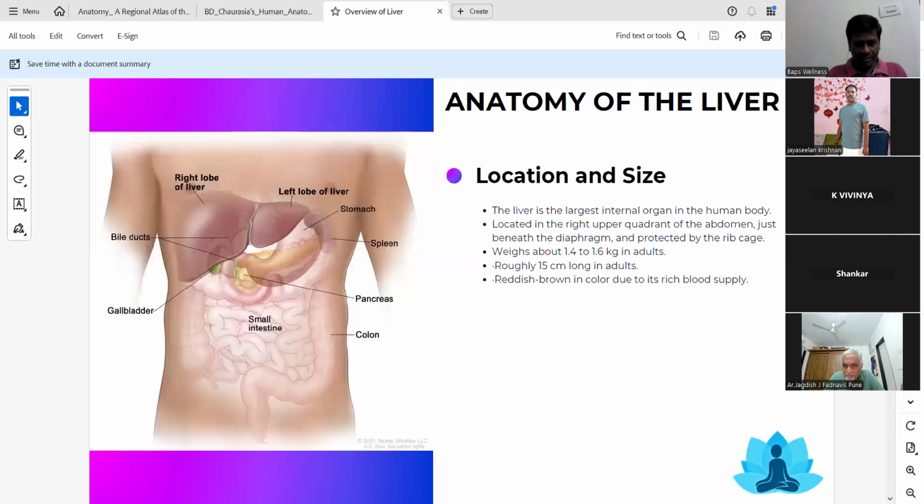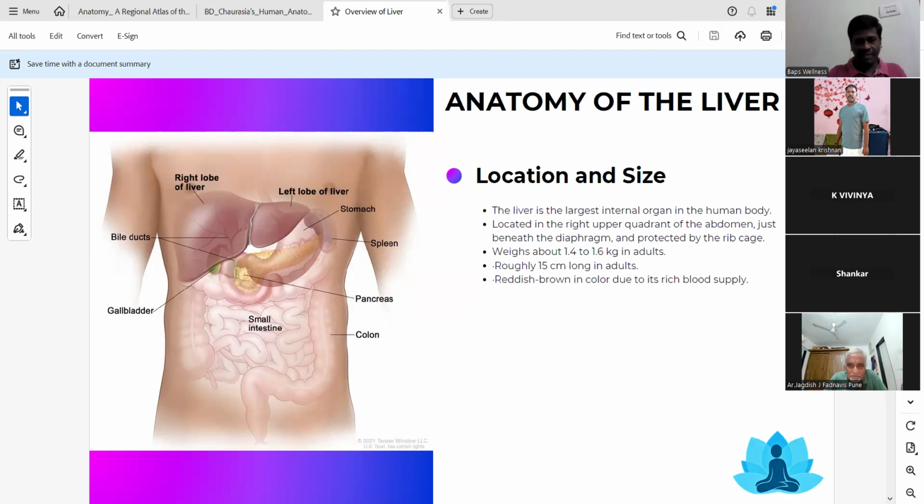Why is it necessary for us to know about the size and weight? Because with a fatty liver or hepatomegaly, that means inflammation, swelling of the liver, unless you have a brief idea about the size of the liver, you cannot make out when you read the scan reports.